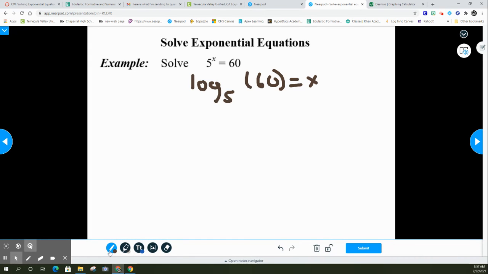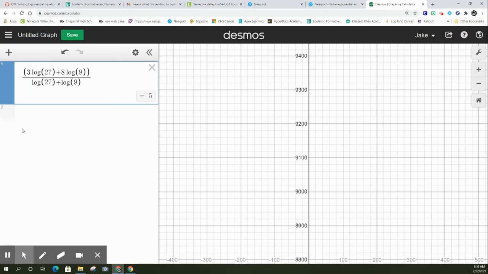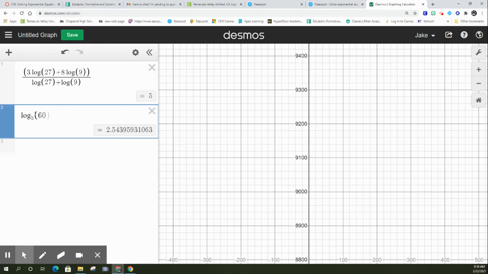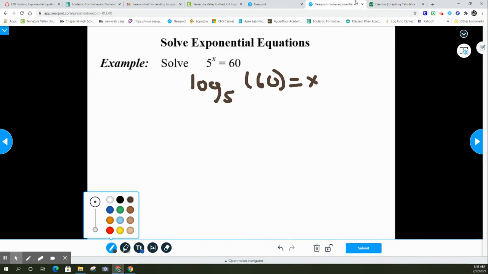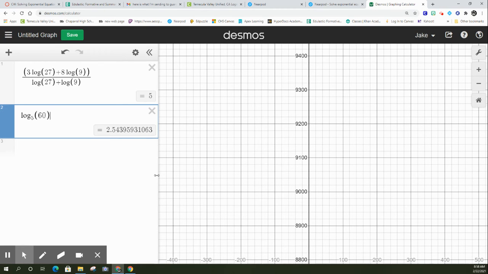And so we just have to type that into the calculator to get our answer. Okay, log base 5 of 60. That's what we're doing, right? Yeah. So that was 2 point, and again, you got to pay attention to what it asks you to round to. All right, so 2.544 if it's to the nearest thousandths.